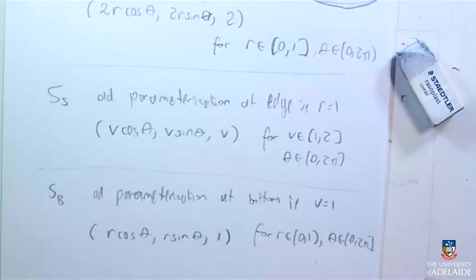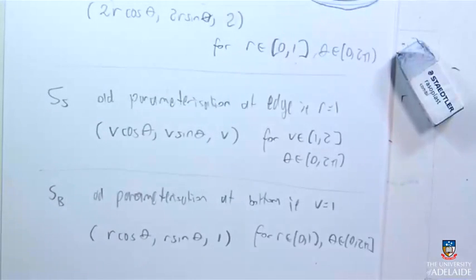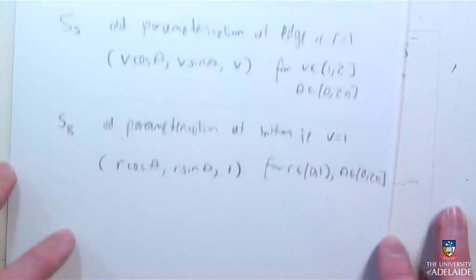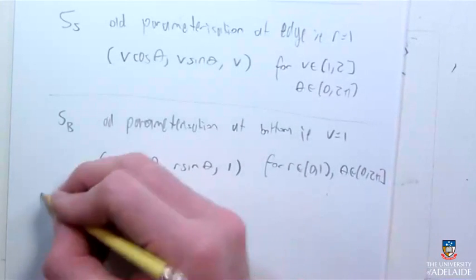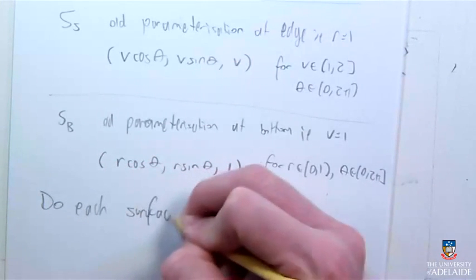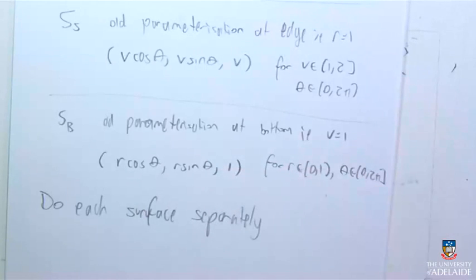And because my surface is made of 3 different pieces, I'm going to have to do each integral separately, which I really am pretty sure I don't have time to do, but we'll give it a go. Okay, so we're going to do... This is something where you've got to check the orientation of the two circles.